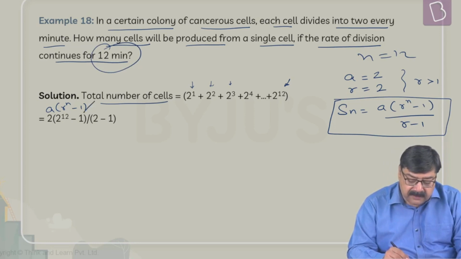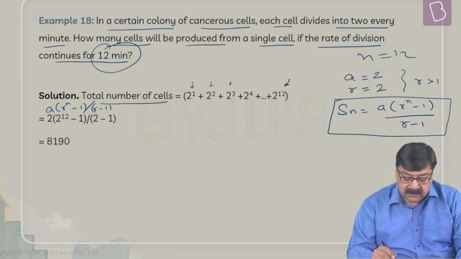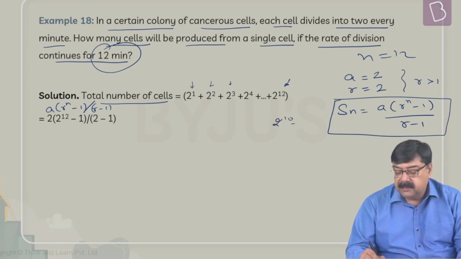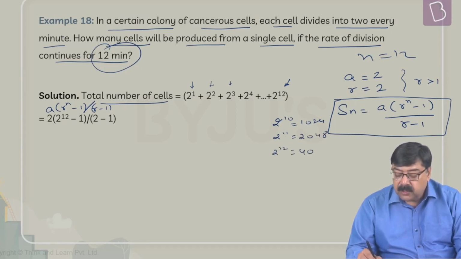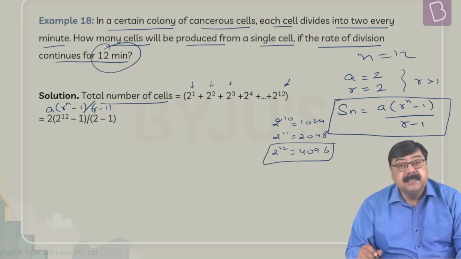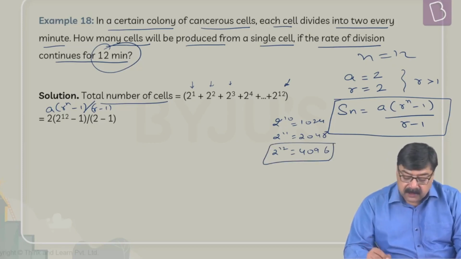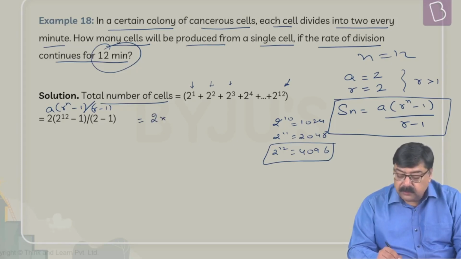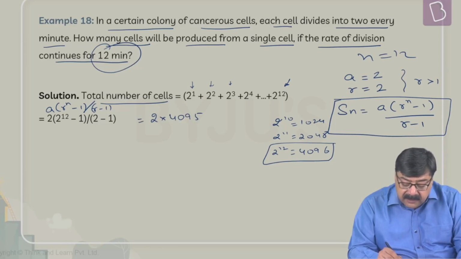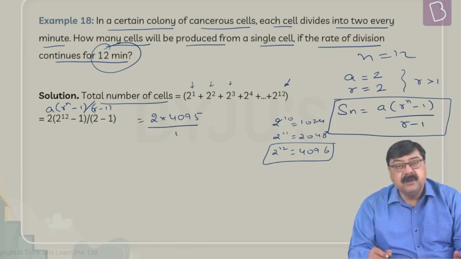And this is divided by R minus 1, that is 2 minus 1. Now 2 raised to 10 is 1024, 2 raised to 11 is 2048, and 2 raised to 12 is 4096. So this shall become 2 into 4096 minus 1, that is 4095, divided by 2 minus 1, that is 1 only.